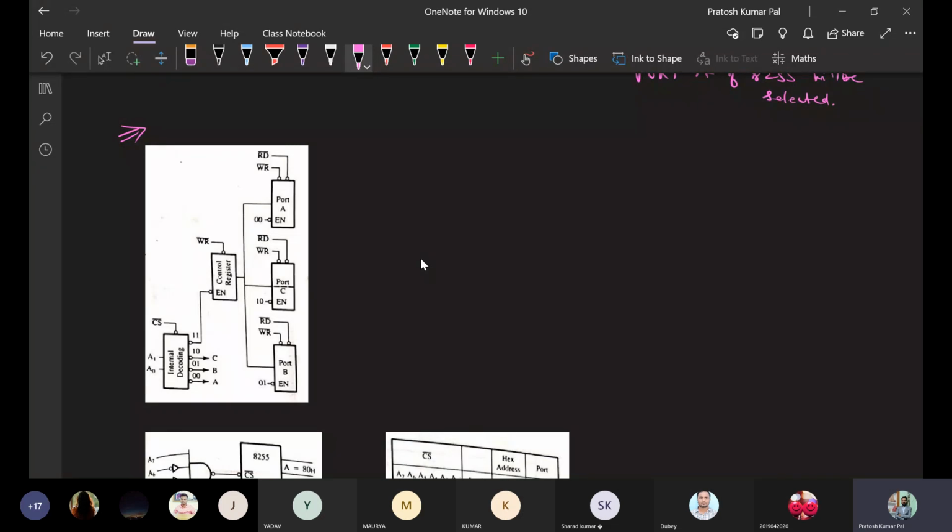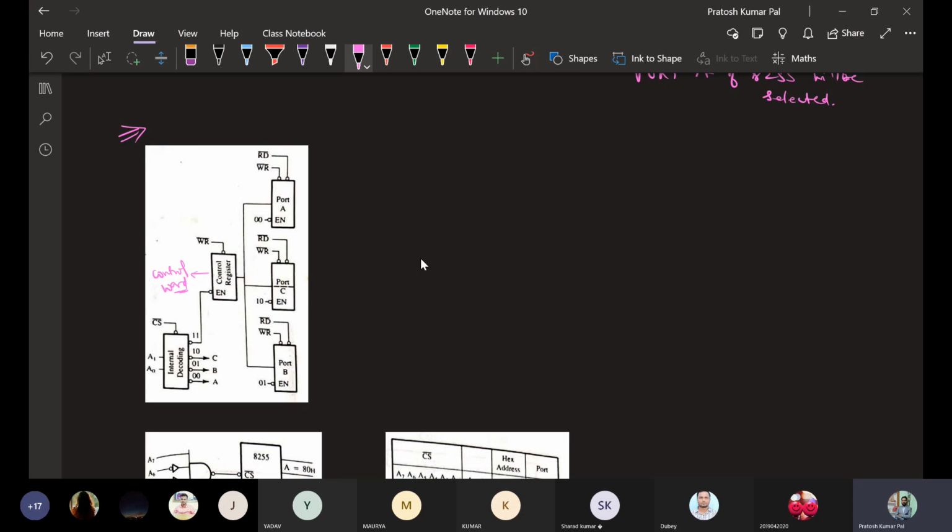If 01, port B will be selected. If 10, port C will be selected. And if 11, it is going to select the control register, inside which a control word is stored. That control word decides the functions of the selected port or the operation performed by the 8255.